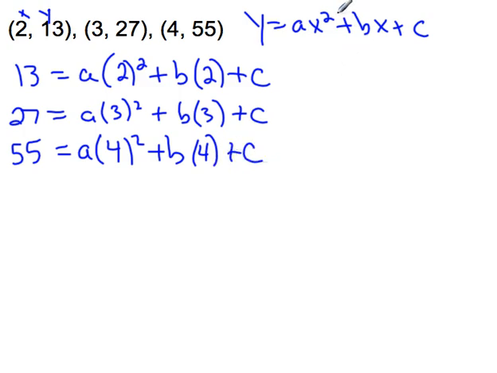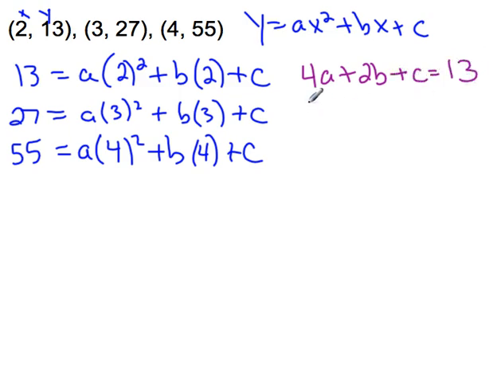Now I'm going to rewrite these equations so that they're a little bit nicer to look at. Usually we write these first if they're in standard form. So I'm going to go 4a, 2 squared is 4, plus 2b plus c equals the 13.